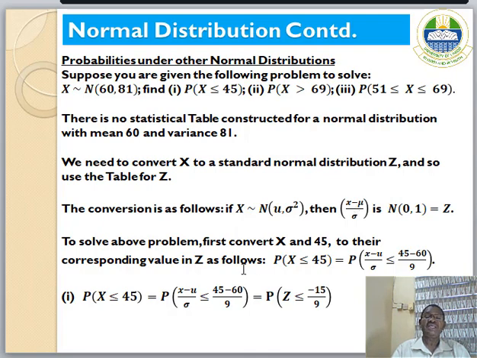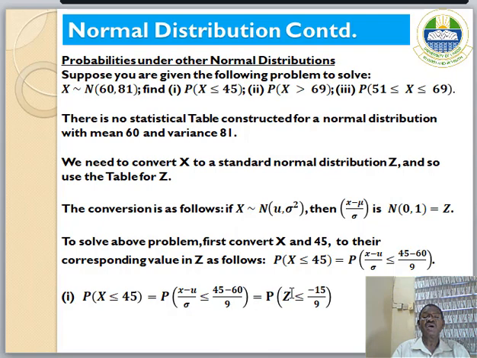How do we apply this? Under this normal distribution, X is normal with mean 60 and variance 81. Let us find the probability that X is less than or equal to 45. First of all, we change X into X minus mean over standard deviation. We also change 45 into 45 minus mean over standard deviation.